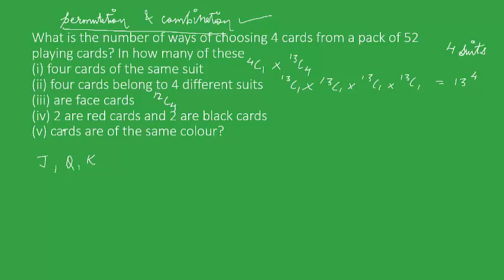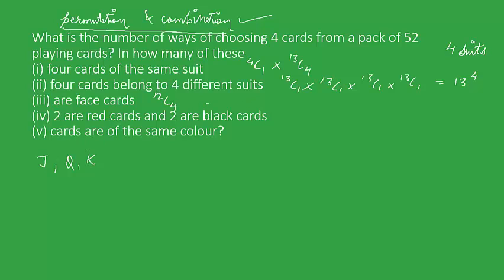Next question is we have to choose 2 red cards and 2 black cards. For the beginners, we have 2 individual sets in a card pack: any two suits are red and 2 suits are black.